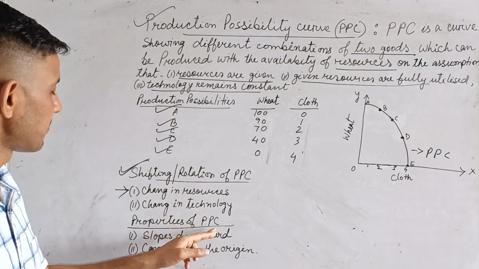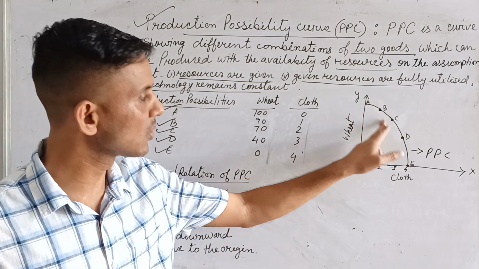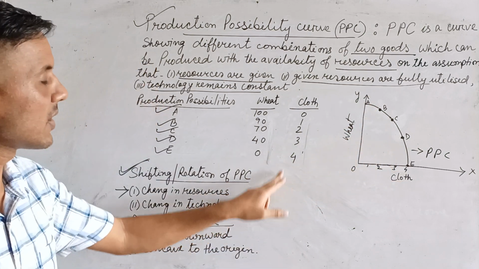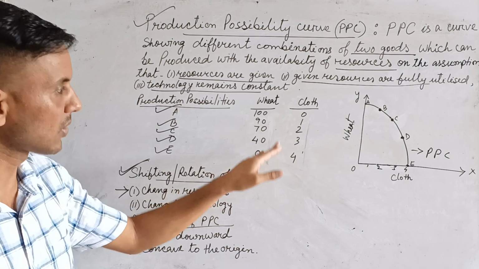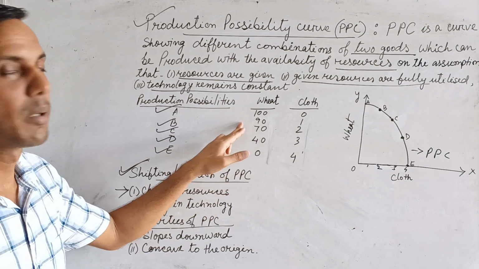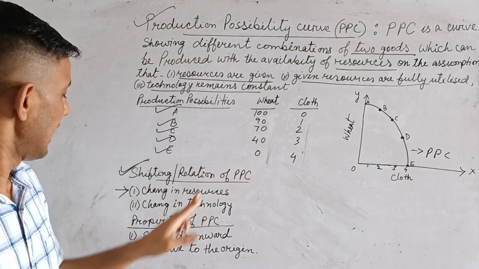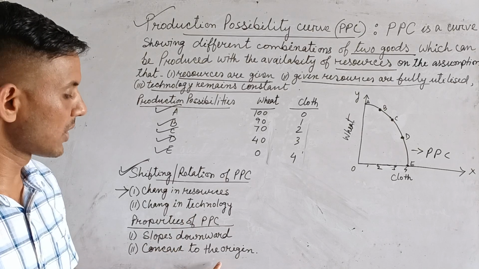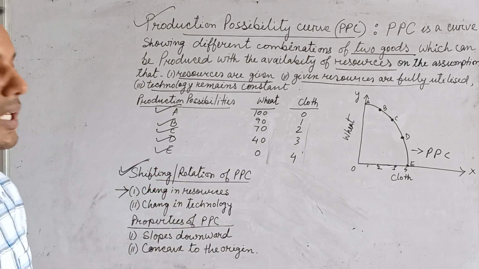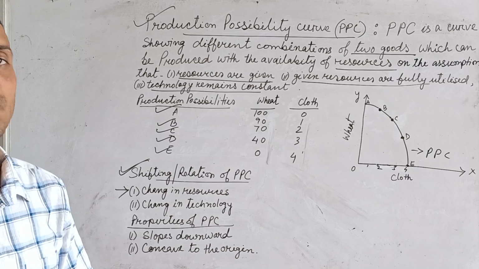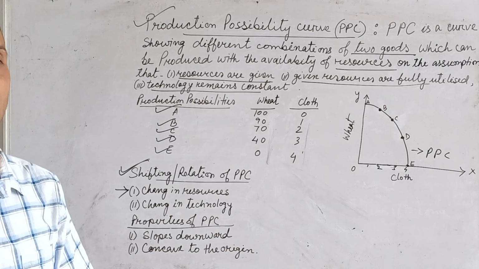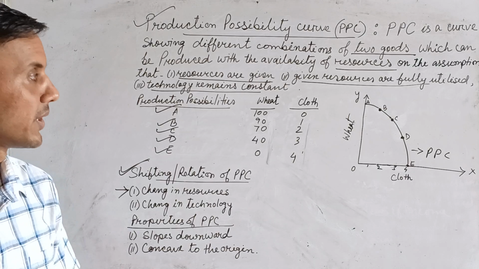Then properties of PPC, slopes downward. Why? Because if you want to increase the production of cloths, then you have to sacrifice the production of wheat. Concave to the origin, because of the law of increasing marginal opportunity cost.